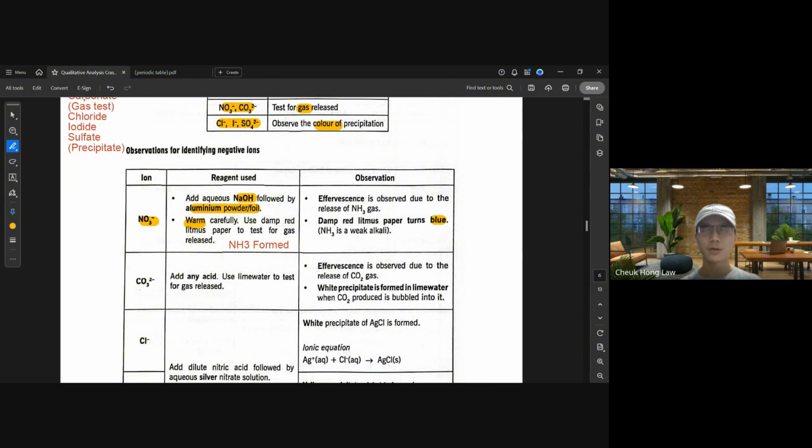Ammonia is an alkali gas, so it will turn a red litmus paper blue. And since ammonia is a gas, there will be effervescence observed as well. So there are 2 observations: one is effervescence, second one is damp red litmus paper turns blue.